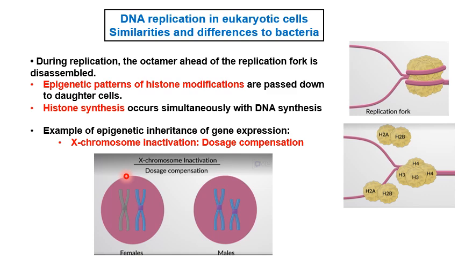So if you look at the extra X chromosome that you don't want to express, you're going to have a lot of those methylated histones, and this whole chromosome is going to be inactivated. Okay? So this is what you call dosage compensation, and it is solely dependent on epigenetic factors of histone coding.